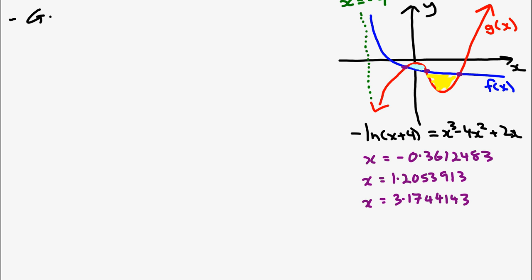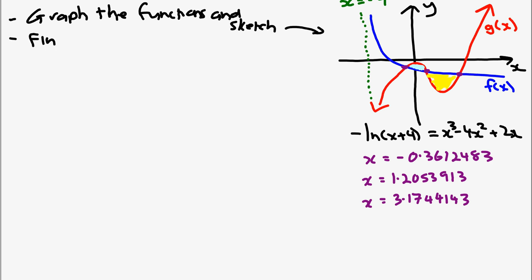Do a rough sketch, because it helps you to see where the areas are. You also need to realise which one is for each area, which one is the Y1 and which one is the Y2. That's what we did. Find the points of intersection.